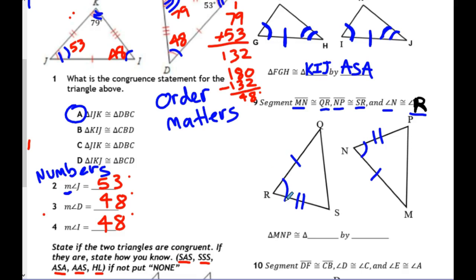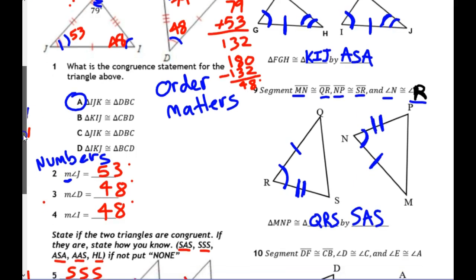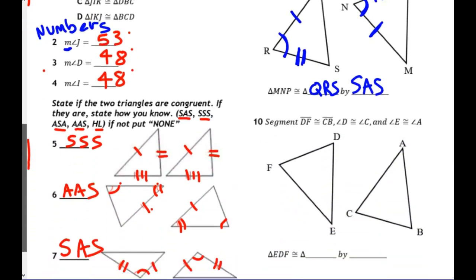Now, MNP is going to be congruent to QRS by what theorem or postulate? So I got a side, then an angle, then a side. Side, angle, side. Remember, tick marks are sides, and arcs are angles.